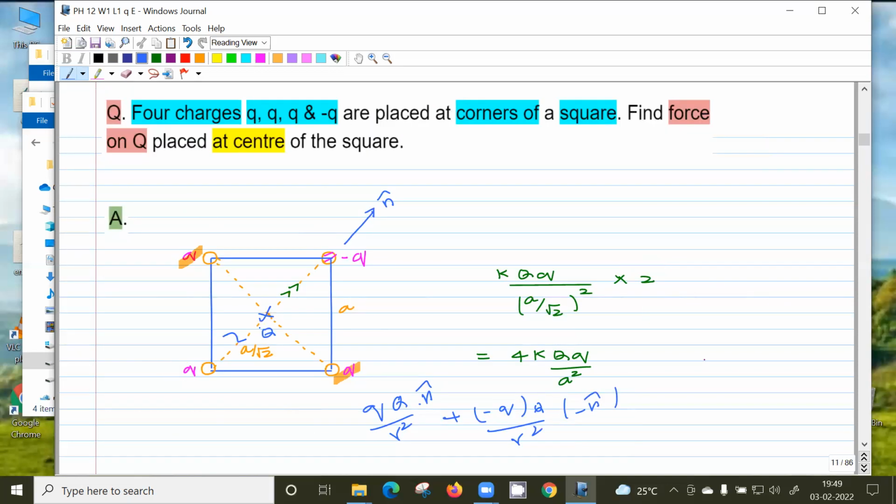So I'll put capital Q as origin. In this case, the n cap direction for this one should be this one, so I have to take n1 cap. And for this one, I have to take this n2 cap. So the first one will be n1 cap, and the second will be n2 cap. Now it is clear.